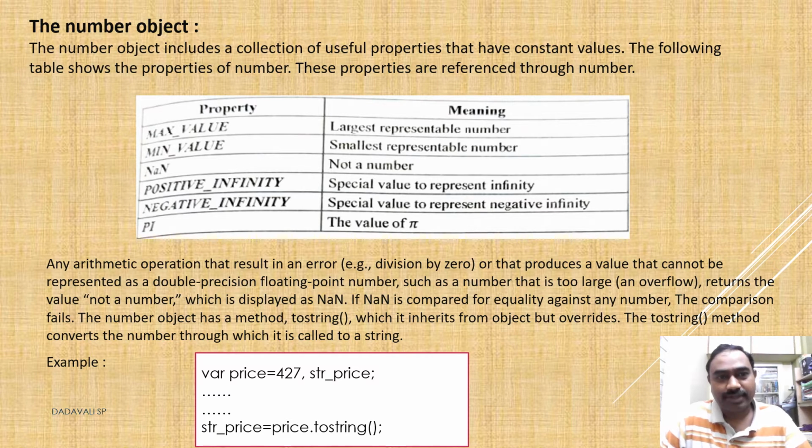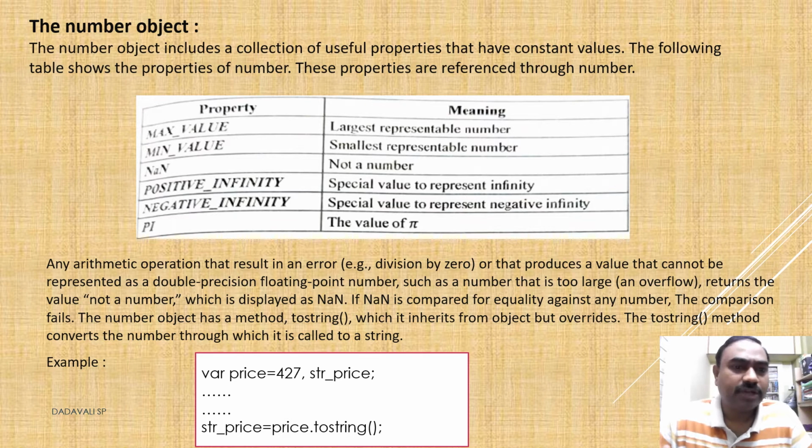Here the property names: MAX_VALUE, meaning the largest representable number; MIN_VALUE, the smallest representable number; NaN, not a number; POSITIVE_INFINITY, NEGATIVE_INFINITY, and PI. You must always write these in uppercase letters.